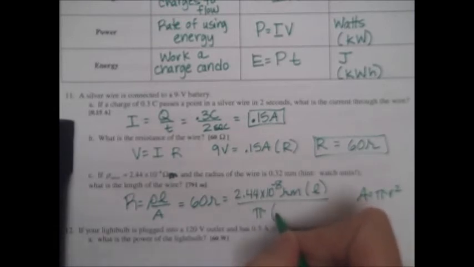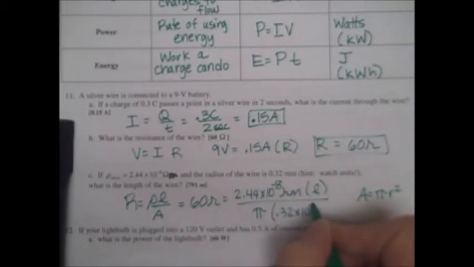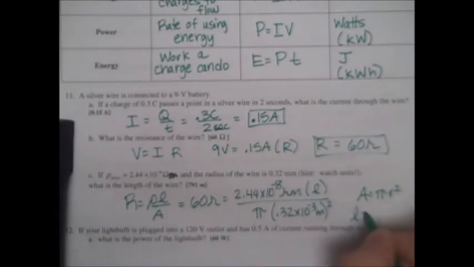So pi times 0.32, and milli just means 10 to the minus third, and that part's squared. So from there you can solve for the length. So 60 times pi times 0.32 to the minus 3 squared divided by 2.44 e to the minus 8, and I get 791 meters.